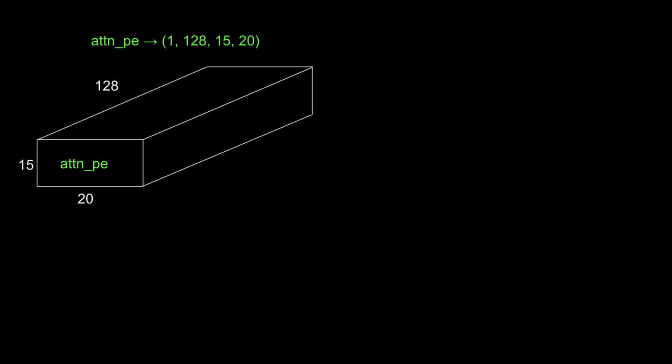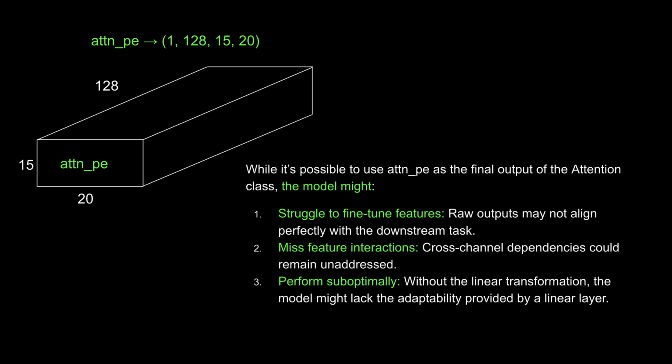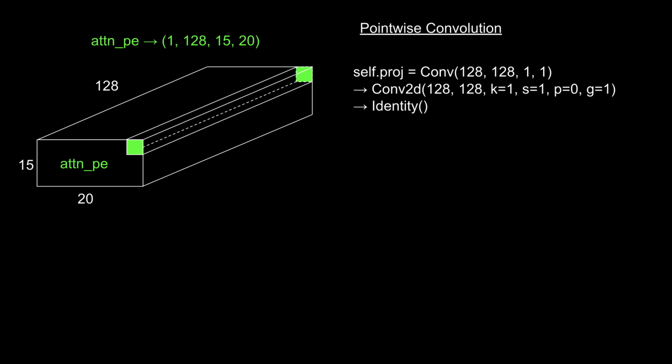So, are we done yet? Almost. While we could use the attention with positional encoding tensor as the final output of the attention class, this approach has limitations. Without a final linear layer, the model might struggle to fine-tune features, miss important feature interactions, and underperform due to a lack of adaptability. To address this, the tensor typically undergoes one last point-wise convolution.